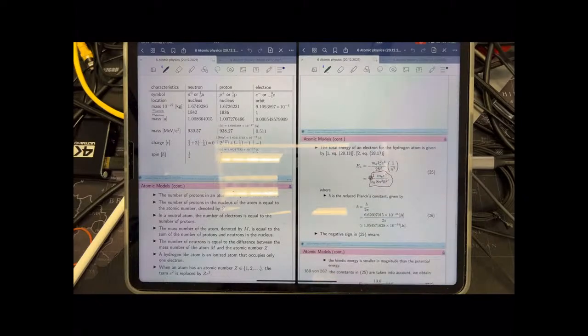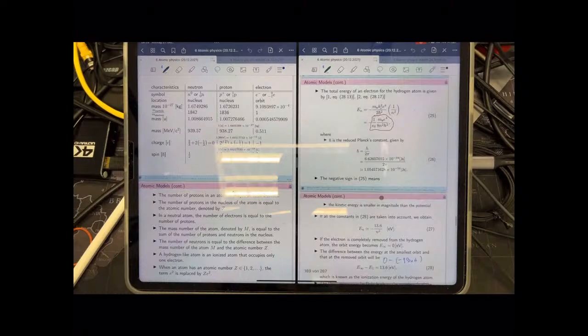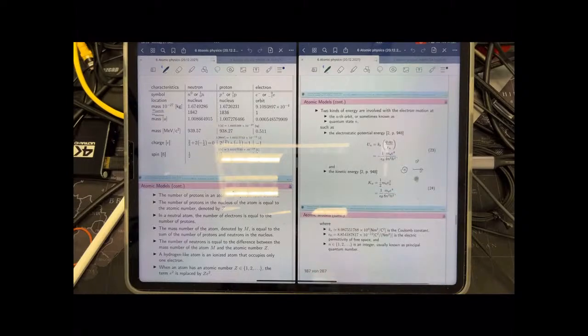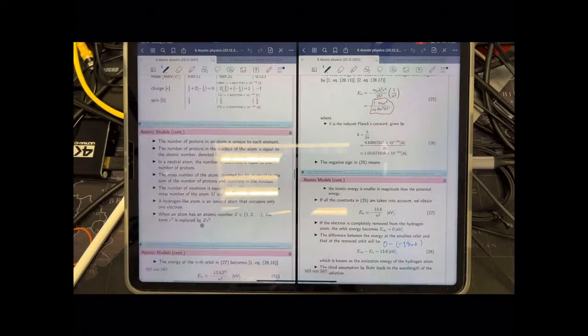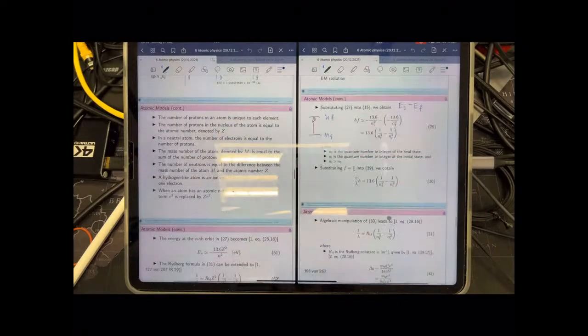The potential energy, the total energy, or the kinetic energy, if you have e square, just replace it by Ze square. It's going to be the same thing. And that's the condition when you throw away a few electrons from their orbits.